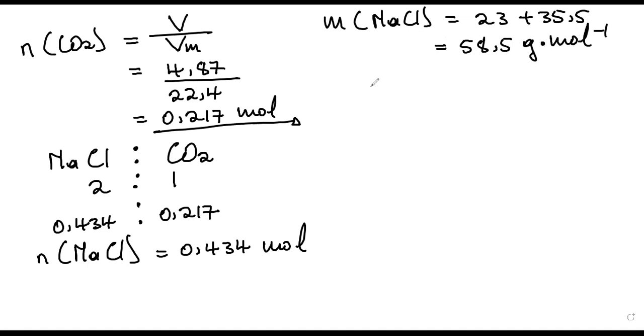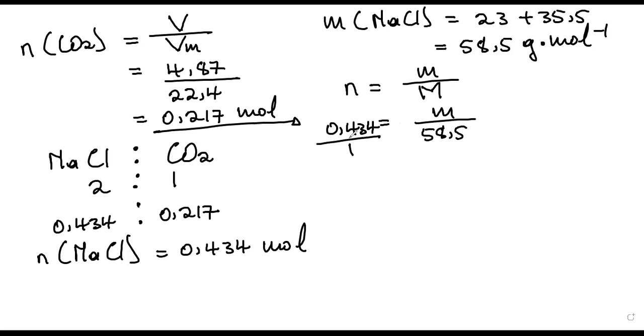Now from here, we say the number of moles is equal to the mass divided by the molar mass. We are looking for the mass, but we are given the molar mass like that. And then we also have the number of moles we calculated. Now for the purpose of cross multiplication, I'll divide this by 1. So I say m multiplied by 1, it's just going to be m.